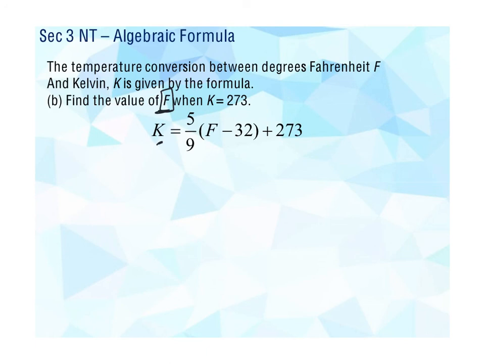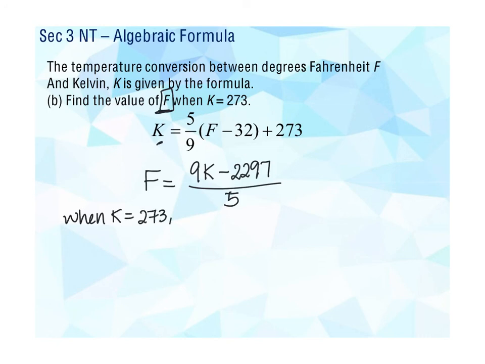So this part of the question, I will make use of my formula from the previous part, where I have F equals to 9K minus 2297 over 5. Let me check again. Yes, 2297 over 5.